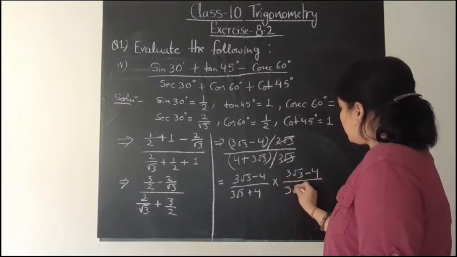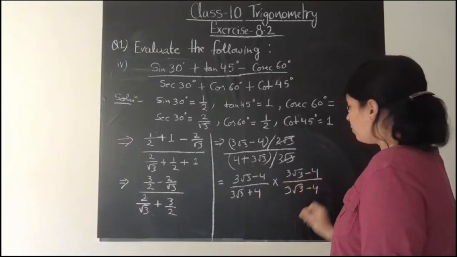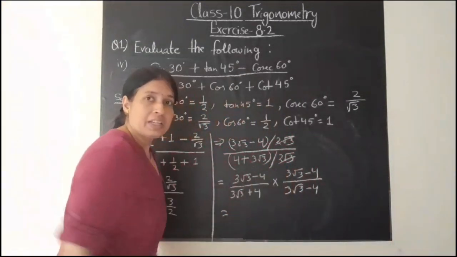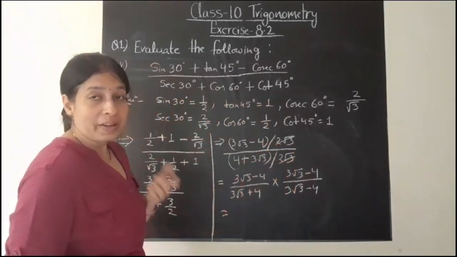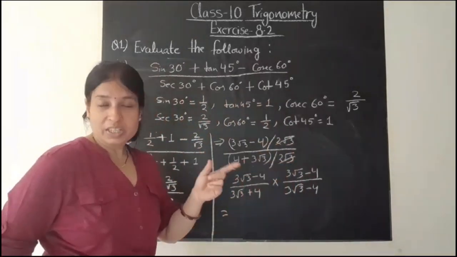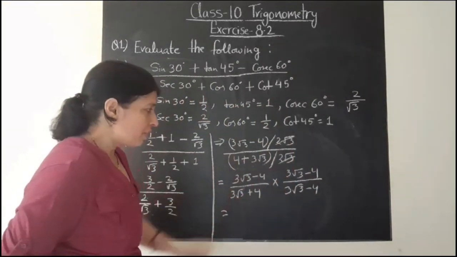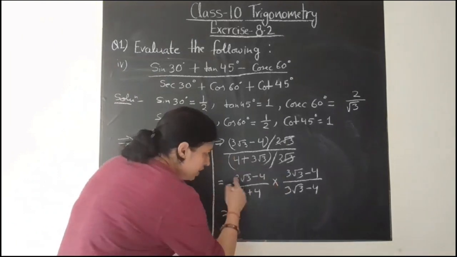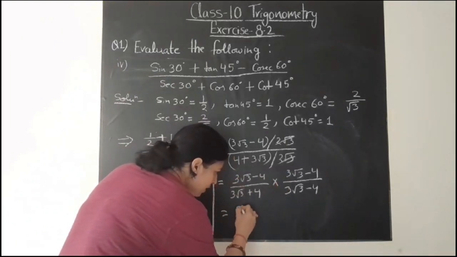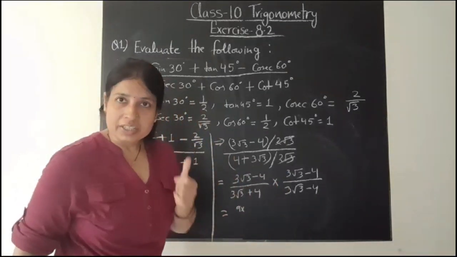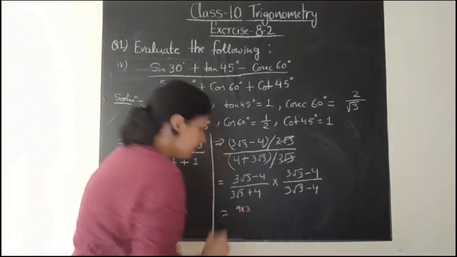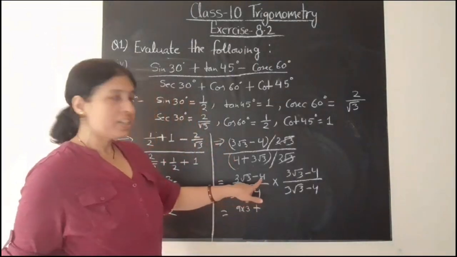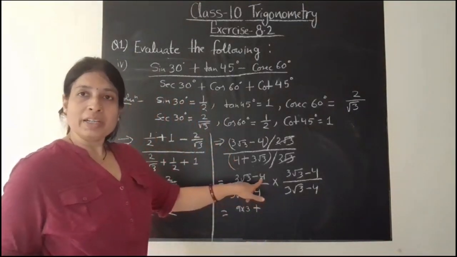So here it is also 3 root 3 minus 4. So multiply, this is a minus b whole square. What is the formula of a minus b whole square? a square plus b square minus 2ab. So use that formula. So the square of this will be 3 3s are 9 multiplied by the square of root 3, so it will be 3. So this is a square, then plus b square. b is 4, so the square of 4 will be 16.